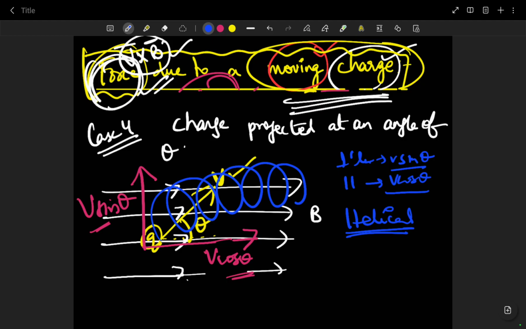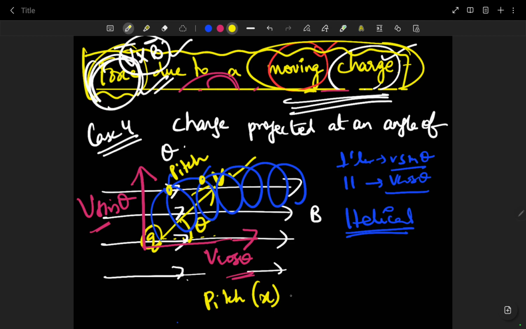It will travel in a helical path, and you can get to know about x direction over here as well. So for example, from one turn to another turn, I'll use yellow. From one turn to another turn, the distance between the helical turns is the pitch basically. Okay, that means this is the x-axis direction, right?